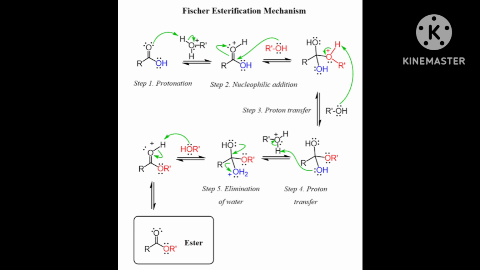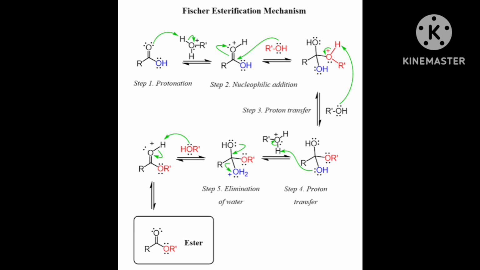In that, one R is there, and in the alcohol also one R is there. So there are two R and two oxygens. After making the product, you get two oxygens and two R, and one carbon, because this carbon only joined with oxygen. Hence in a general way you write RC double bond OR, but the exact way you write RO.